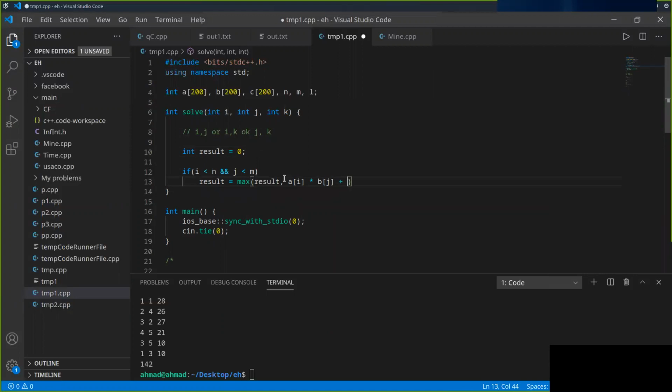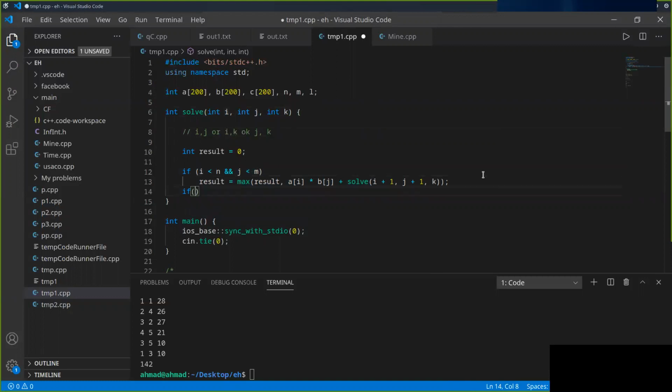But then if I took this pair, I and j, then I'll go to solve with I plus 1 and j plus 1, because I've taken I and j, and the same k. And I repeat this 3 times, but with the other pairs.